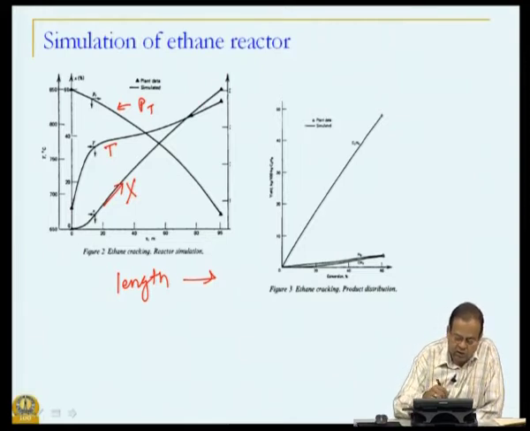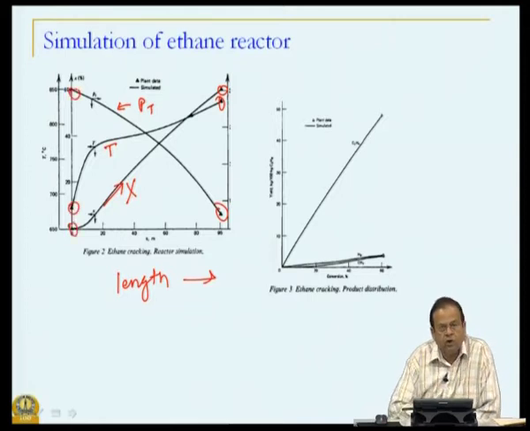And what we see here are the points, although you do not see those, these are the typical inlet outlet conditions. There is a fairly good match with the model simulation.